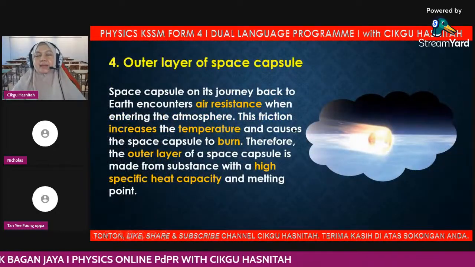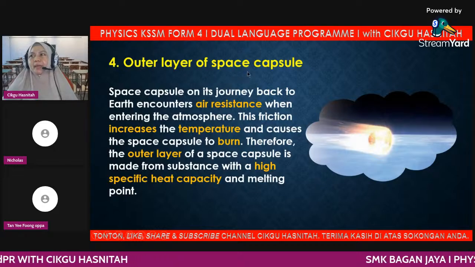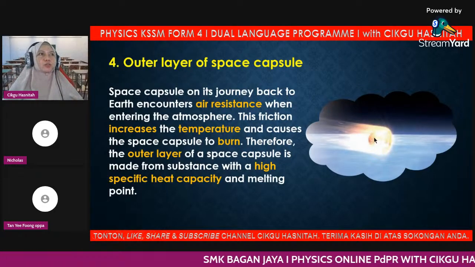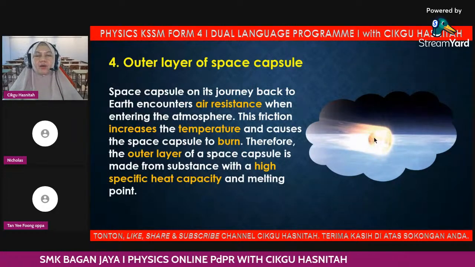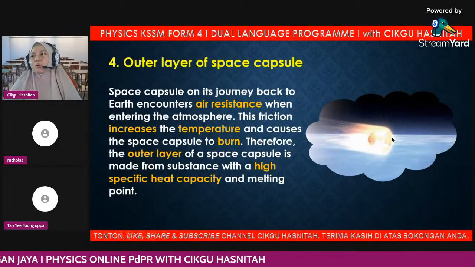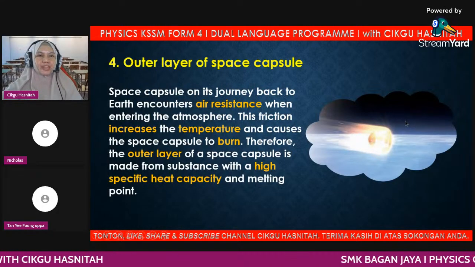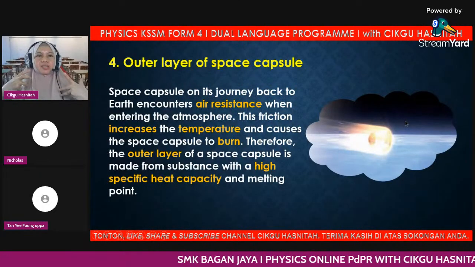Okay, next application. You can see the next application on the outer layer of a space capsule. We send a space capsule to outer space to do investigation or research on a specific field. So normally when this space capsule is about to return to the Earth, it will return with a very high velocity.